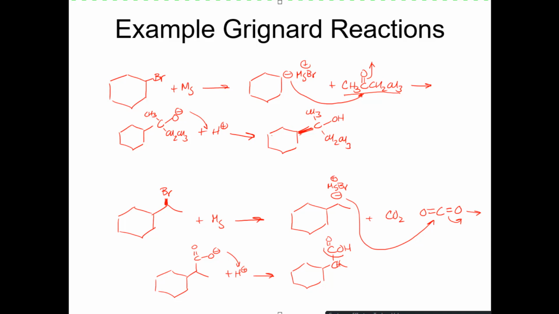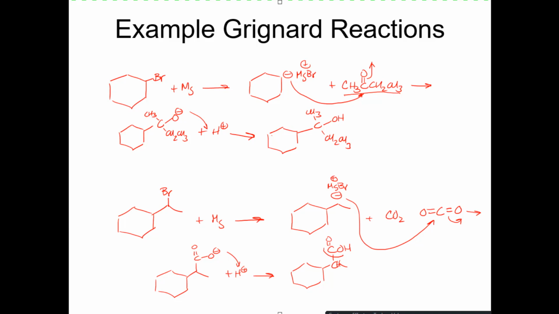Okay. Now, I have to note, in both these cases, I've made those bonds sort of dark. Let me just go back and change them, because you might be saying, are those bold wedges? No, they're not bold wedges.